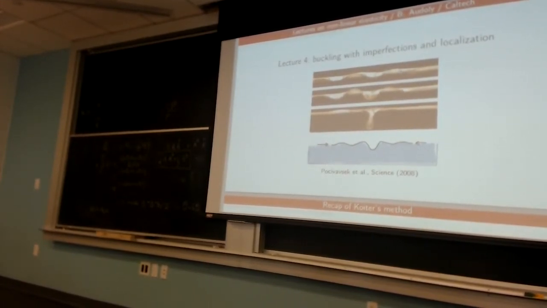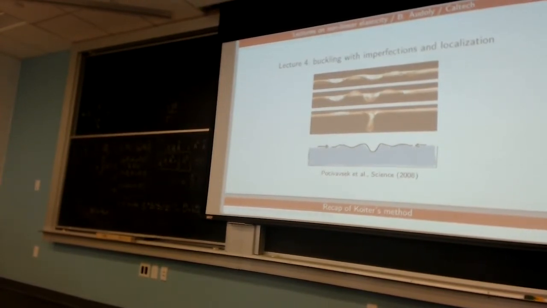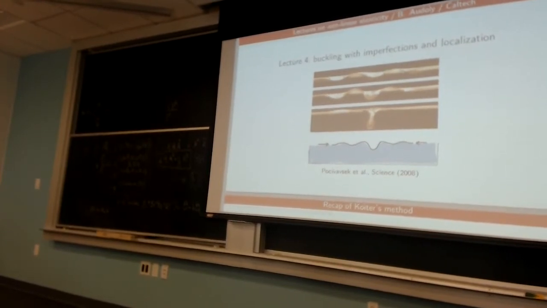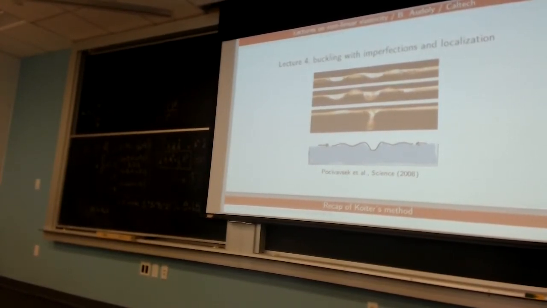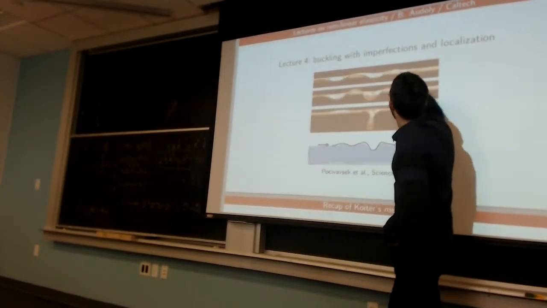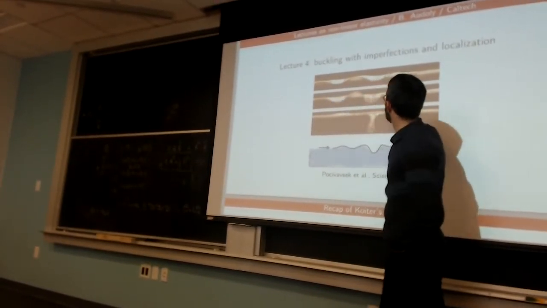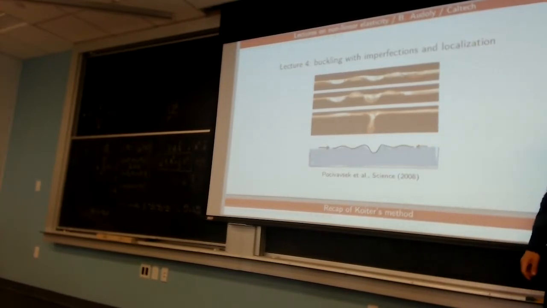Another feature is localization, where we all think of a nice sinusoidal mode, and I'm going to show you that under quite generic circumstances, when you have an extended system with a size that's several times or many times the critical wavelength, a mode which is initially regular or spread over the entire structure tends to focus on one point, and that's the extreme case of focus.